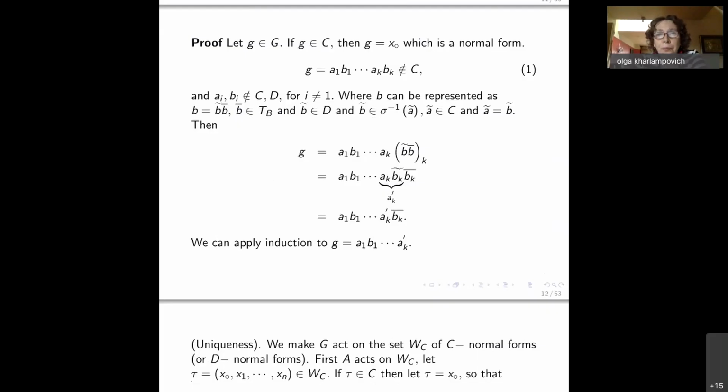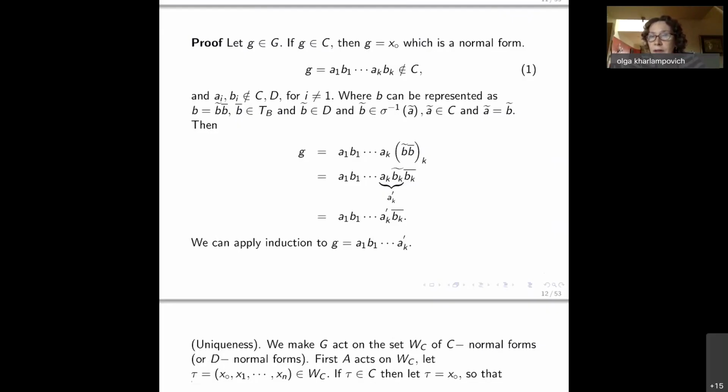So none of these, like A_i and B_i, belong to C. We can assume this, because if one of them belongs to C, for example if A_1 belongs to C, then it also belongs to D, right?